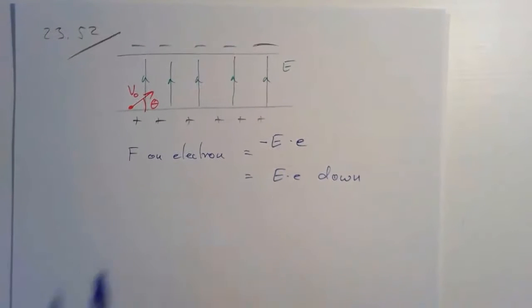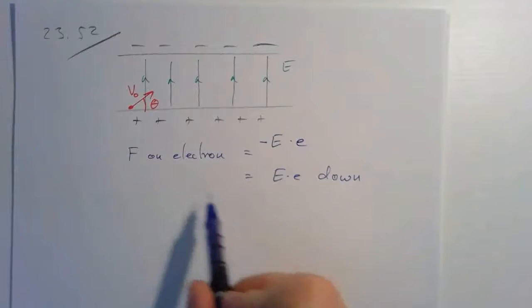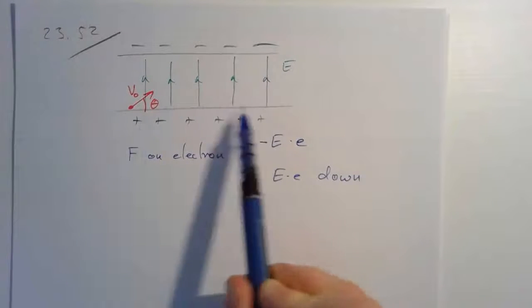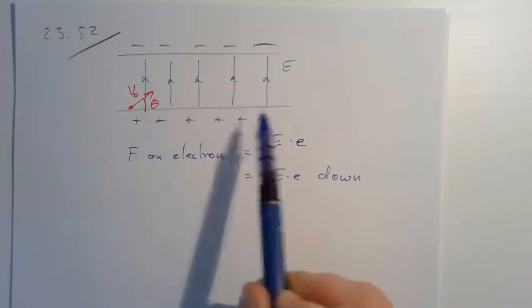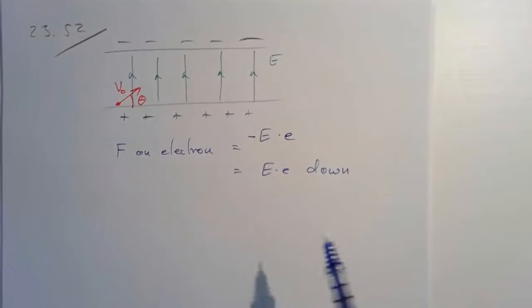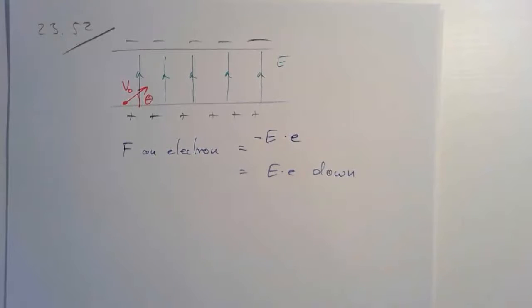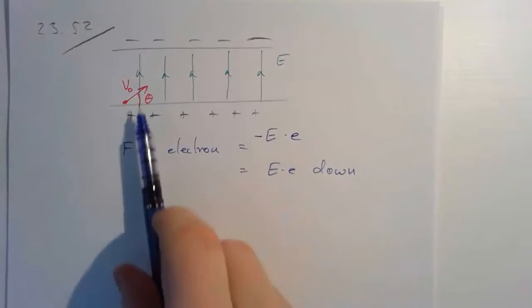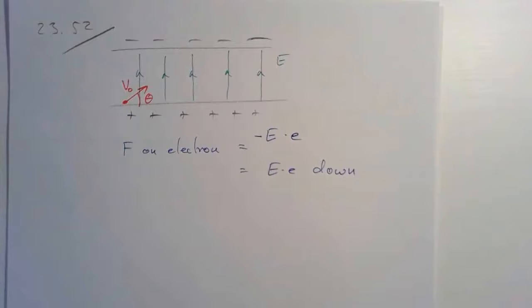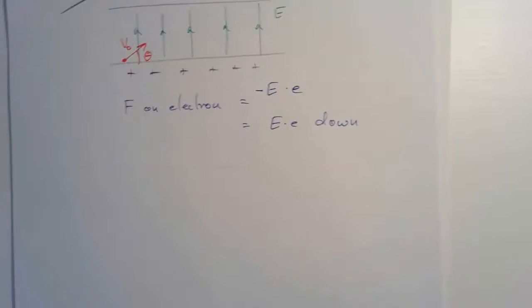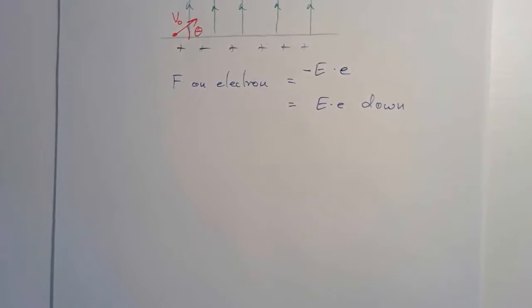So that means I've got no force in the horizontal direction, so it's going to go at a constant velocity in a sideways direction, and I've got a constant force and therefore constant acceleration in the vertical direction. And that makes it a projectile motion problem. It's not falling under gravity, it's falling under a constant electrostatic force, but that doesn't change the kinematics. Let's work out what the kinematics is.